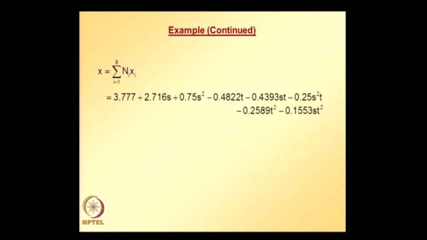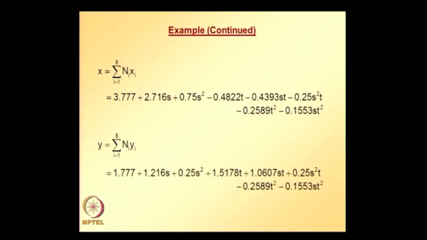X is equal to sigma N I x I, I goes from 1 to 8, and substituting N1 to N8, x1 to x8, and simplifying we get this expression. Similarly, y in terms of s and t. So, we got x in terms of s and t, y in terms of s and t. These are the expressions for isoparametric mapping.